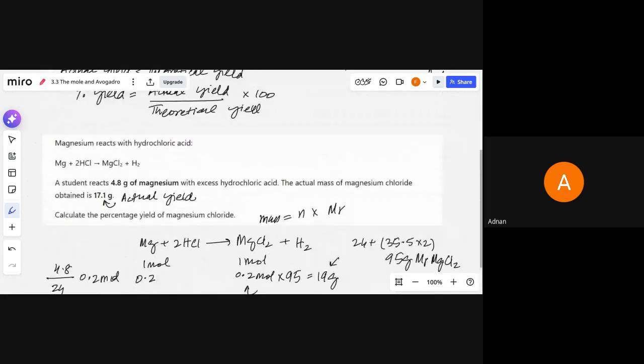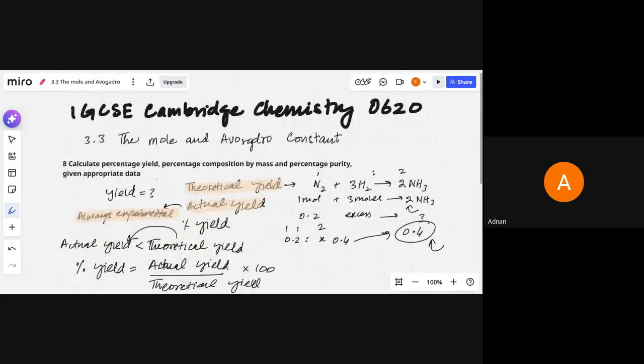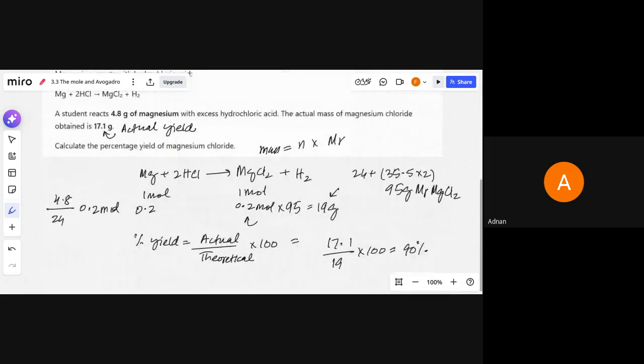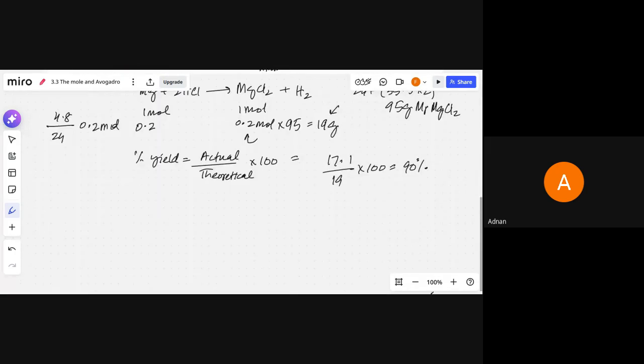And now we move on to the next topic, percentage composition by mass. In order to understand percentage composition by mass, we can solve this. Let me just give you the formula first.